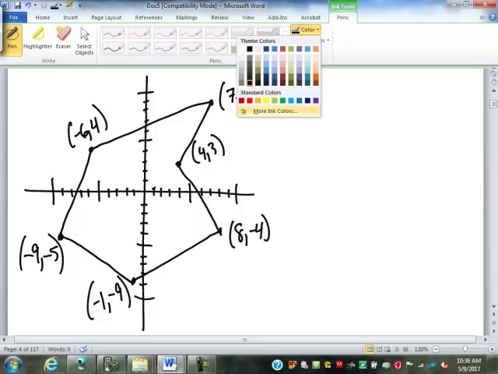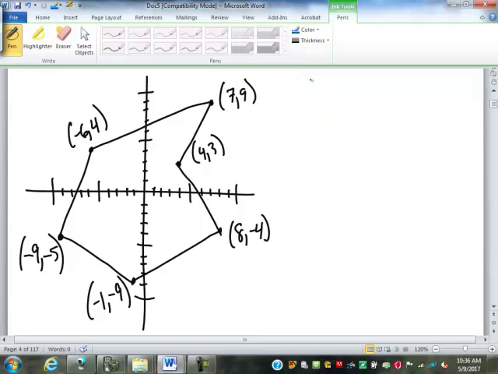Any idea how we would find the area conventionally? It would be rough, right? Let's pick a starting point. We'll pick the 4, 3. What's going to get listed next? 7, 9. And then negative 6, 4.